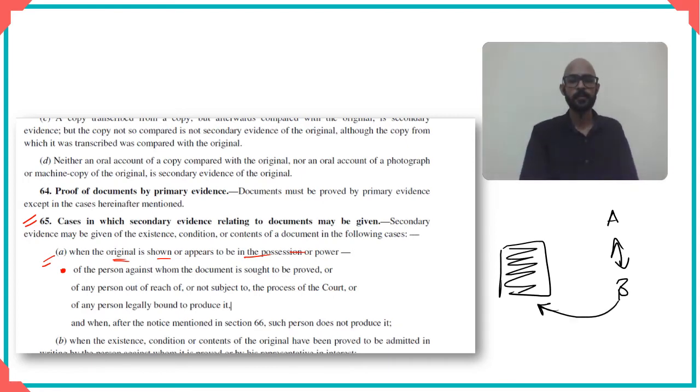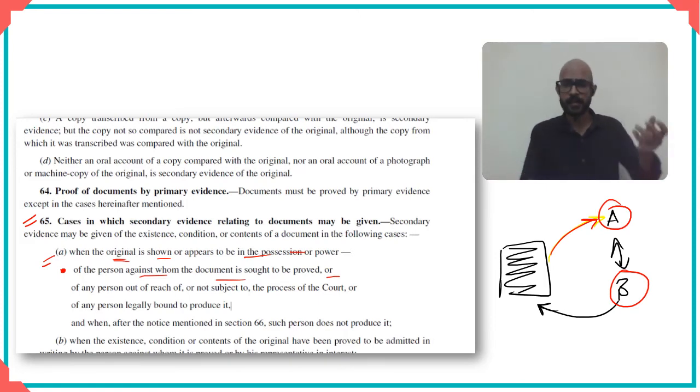Now the original is actually with A. Do you think B can get the original from A? Obviously not. A will not give him the original, right? So when the possession is with the person against whom it is sought to be proved, B cannot get the original, and therefore the court will allow him to get a copy, and therefore secondary is permitted. I hope you get the point.